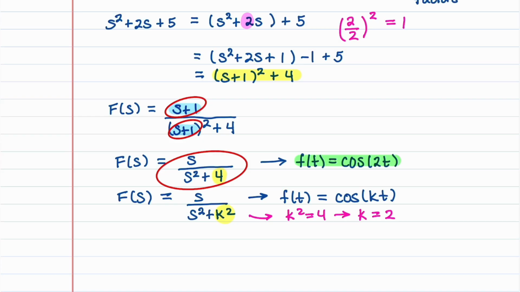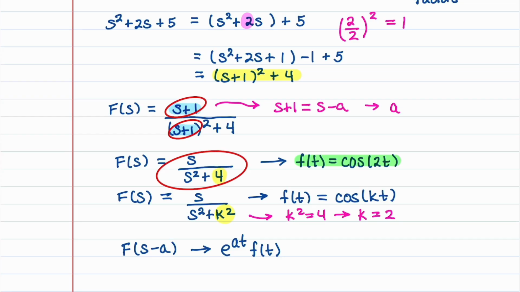We have the formula that f of s minus a corresponds to the inverse transform e to the at little f of t. Let's go back up to where we have the s plus 1s, and we're going to set s plus 1 equal to s minus a, so we know that a is equal to negative 1.